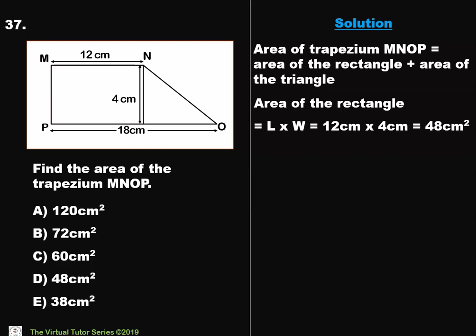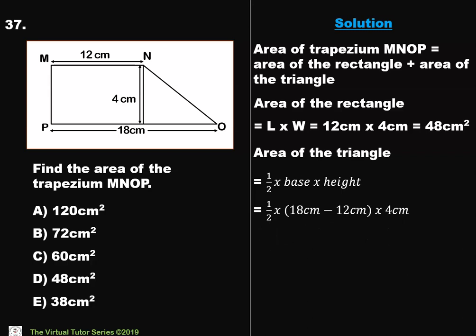The area of a triangle is given by the formula half times the base times the height. We calculate the base of the triangle by deducting 12 centimeters from 18 centimeters. And we know the height of the triangle to be 4 centimeters. So we have the area of the triangle to be half times (18 centimeters minus 12 centimeters) times 4 centimeters. 18 centimeters minus 12 centimeters is 6 centimeters.